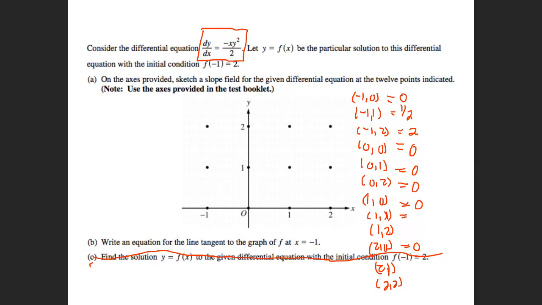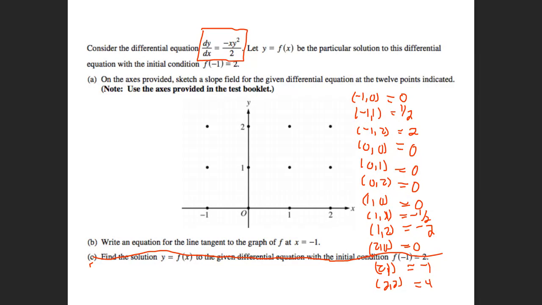So let's go down to 1, 1. What would my answer be for 1, 1? -1/2. How about 1, 2? -2 is correct. How about 2, 1? -1. And how about 2, 2? -4.